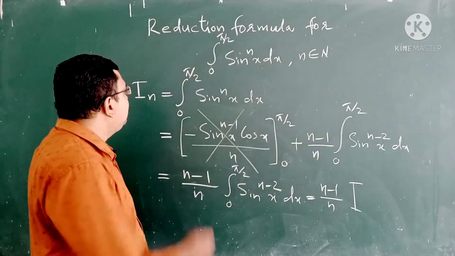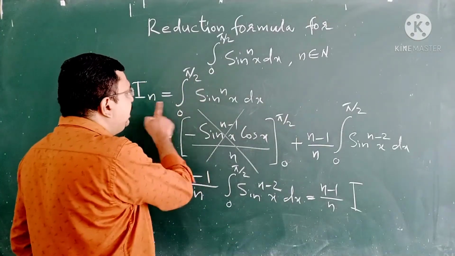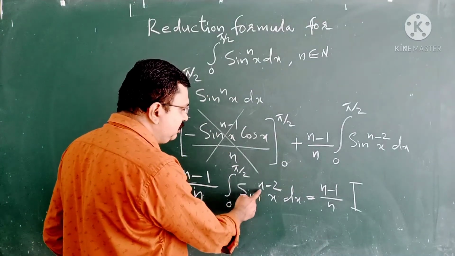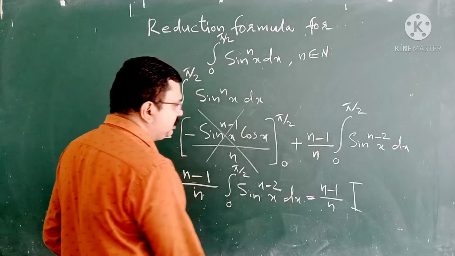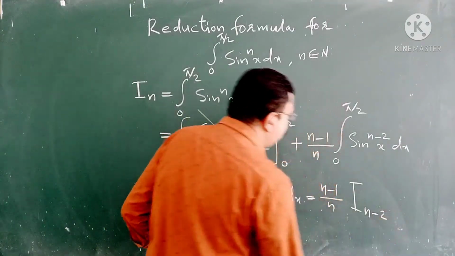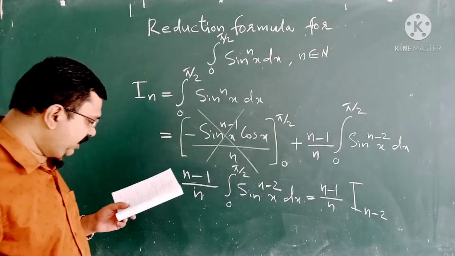We know that I n is sin raised to n x. Therefore, here it is sin raised to n minus 2 x dx, so that is I n minus 2. This is our reduction formula.